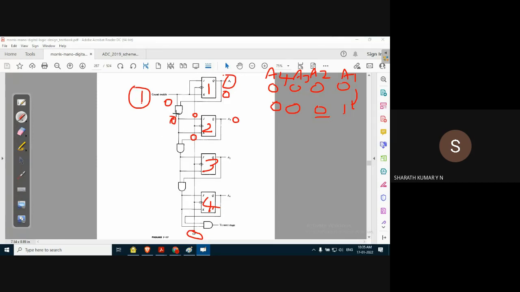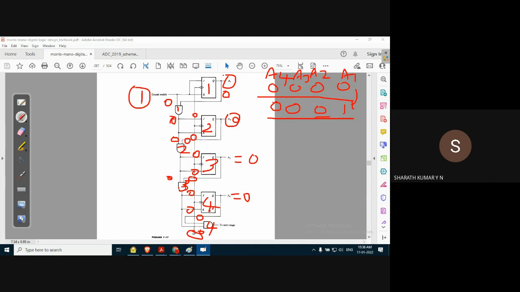The output of the first AND gate, which is 0, is applied as an input for the second AND gate, and the output A2 is also applied as an input for the second AND gate. With 0 and 0, the AND gate output remains 0. So the JK input for the third flip flop is 0. Output A3 is 0, which is applied as input to the third AND gate, and A4 is 0, which is applied to the fourth AND gate. So initially, to start with, it is all 0.